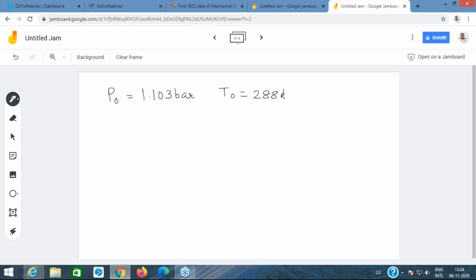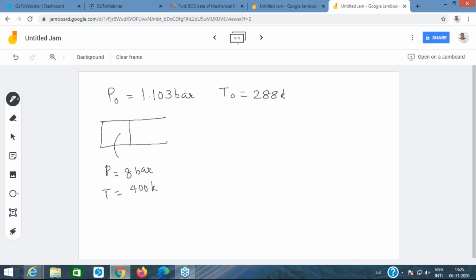And now it is given that the closed system which we are talking about has a pressure of 8 bar and the temperature is 400 Kelvin, right?